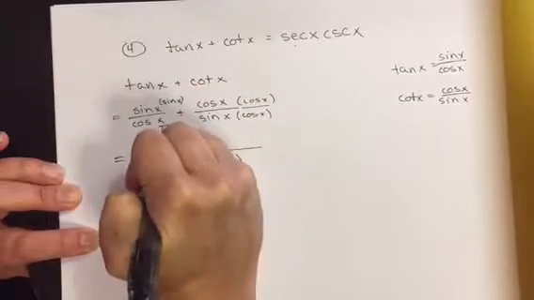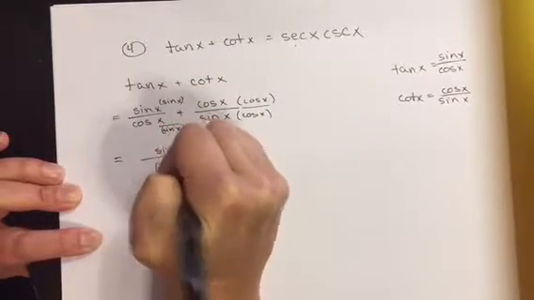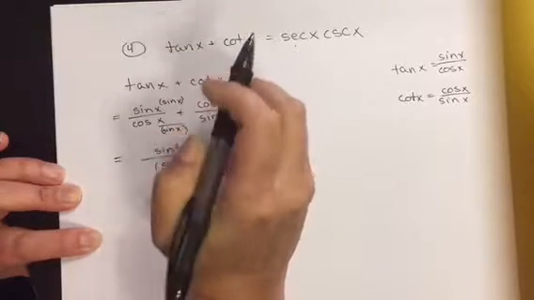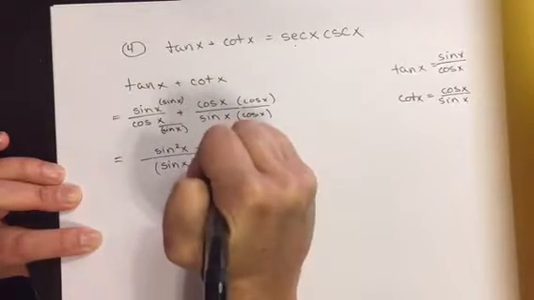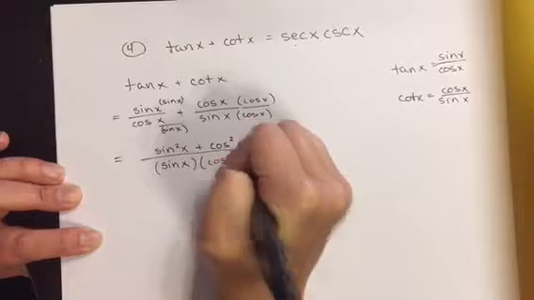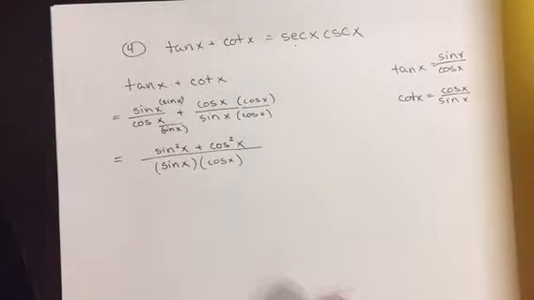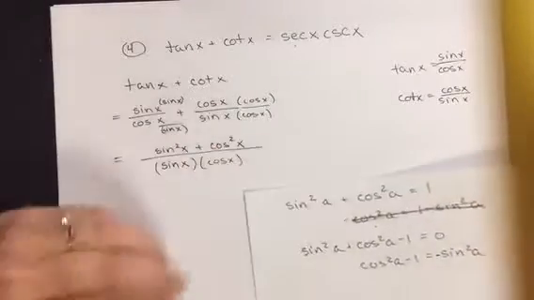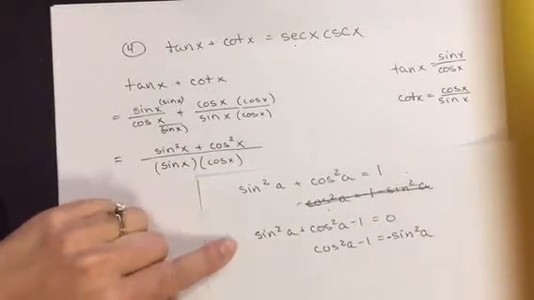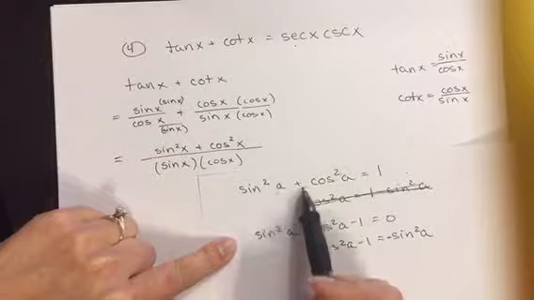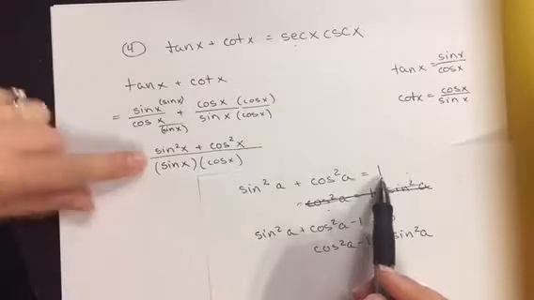And then in my numerator, I'm going to have sine squared x plus cosine squared x. Okay, next I'm using the Pythagorean identity, and we've talked about the Pythagorean identity a couple times here. So sine squared a plus cosine squared a equals 1.